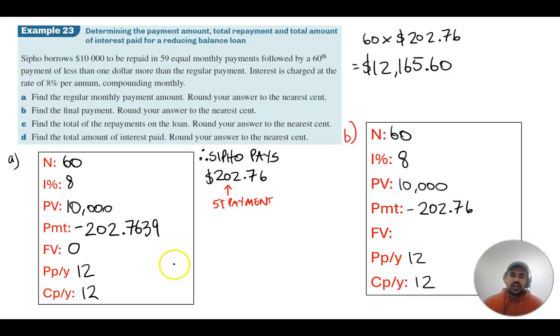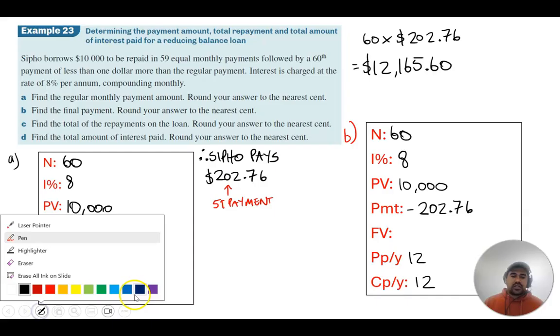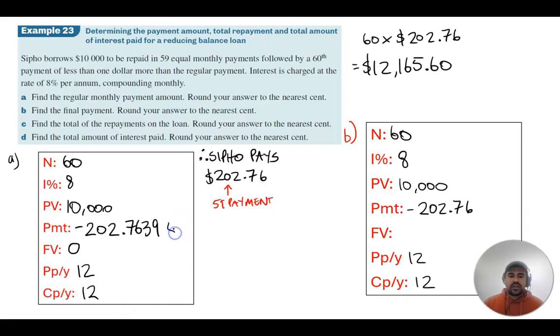and he's making payments of $202.76. Now let's draw a comparison between this value here and this value here. These two values are almost identical, they're almost similar. This particular payment here is accurate to 4 decimal places, where this one has just been put in after we worked out what these payments need to be.